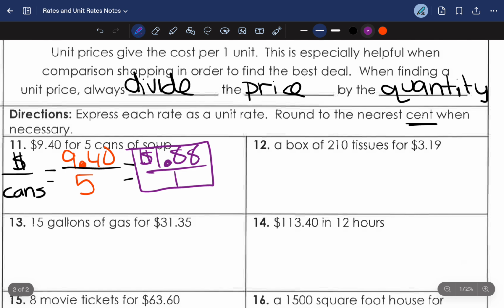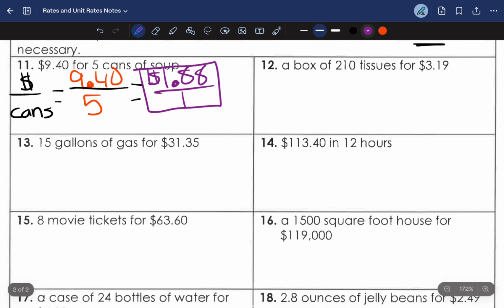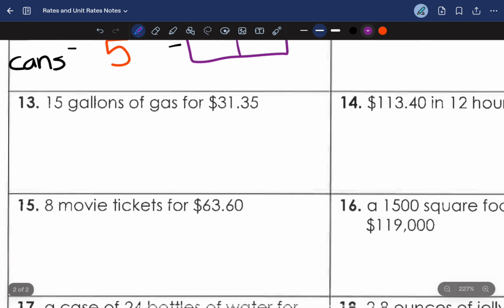Okay, let's take a look at another one. We'll do number 13, directly underneath. So it says 15 gallons of gas for $31.35. All right, so again, we're going to put the price on the top.